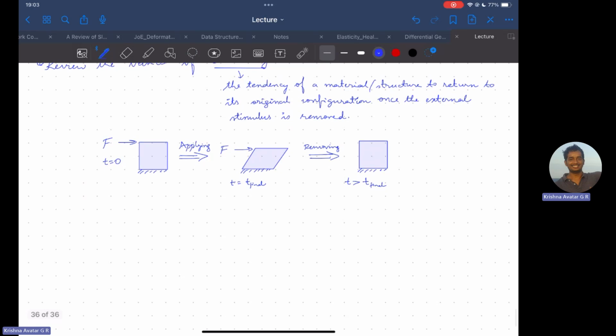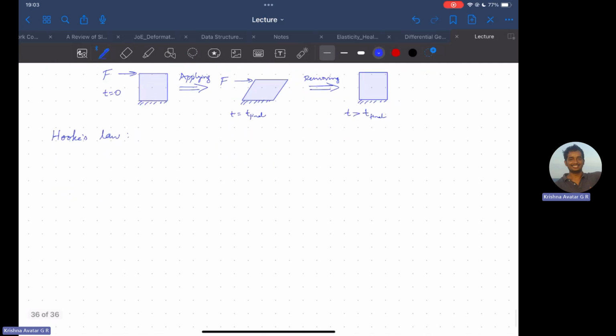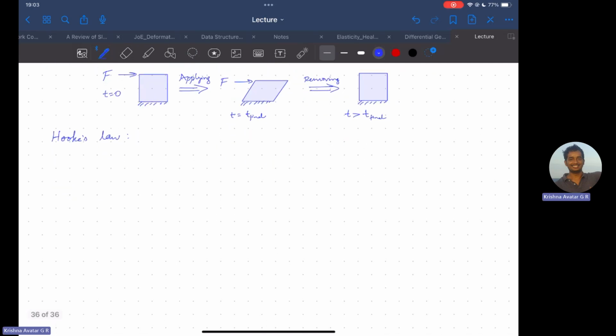Now, we go back and review what we call Hooke's law. Of course, this was the simplest elastic model. The idea was to find a relationship between the applied force and the deformation of the body.